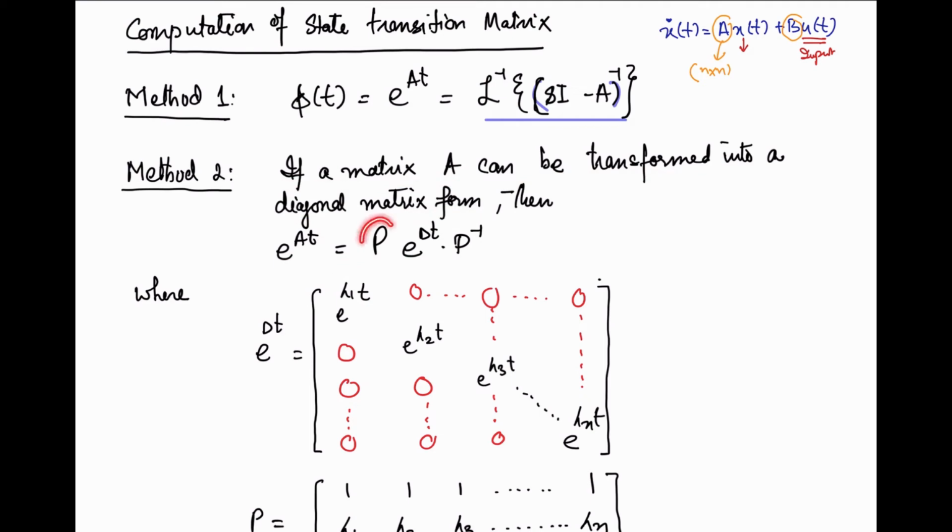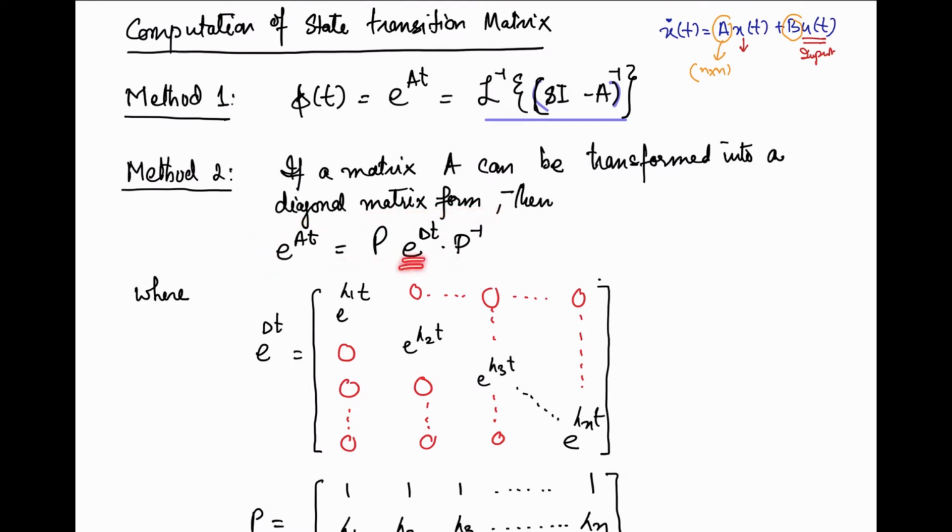So what is P in this equation? P is basically the diagonalizing matrix for A. So if you can diagonalize the matrix A, then with the help of this equation you can determine the state transition matrix.